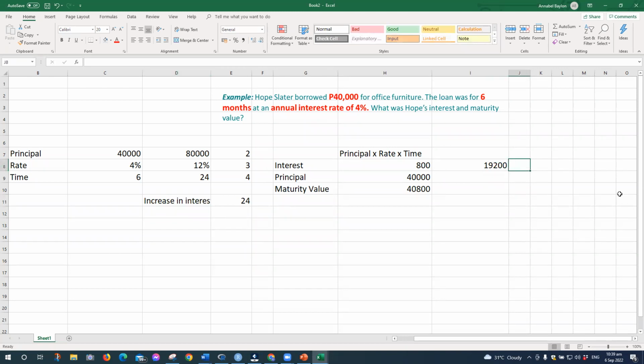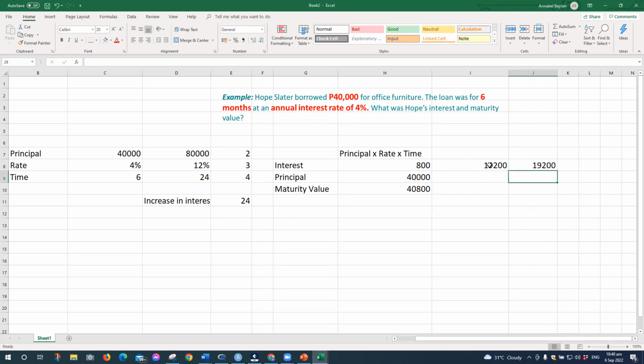So let's check if we're correct. Initial interest was 800, and this will increase by 24. So it's 19,200. Okay, we're correct. The principal is still the same, 40,000.